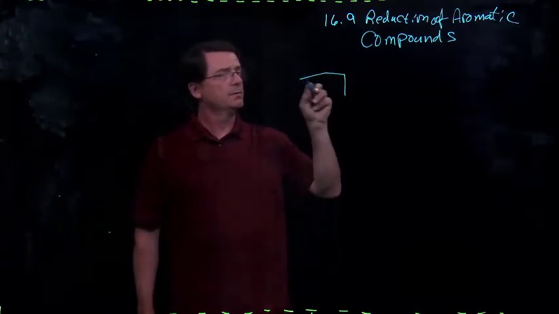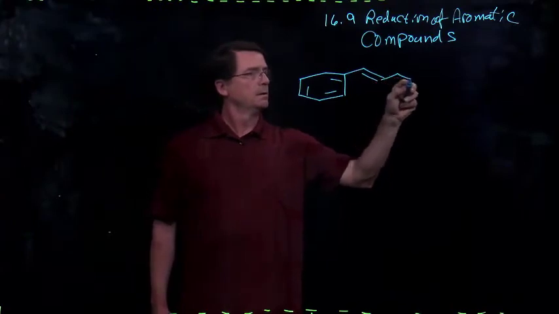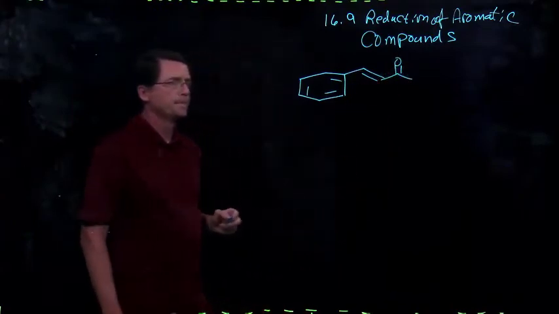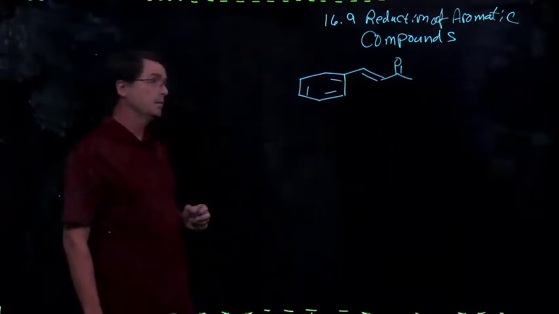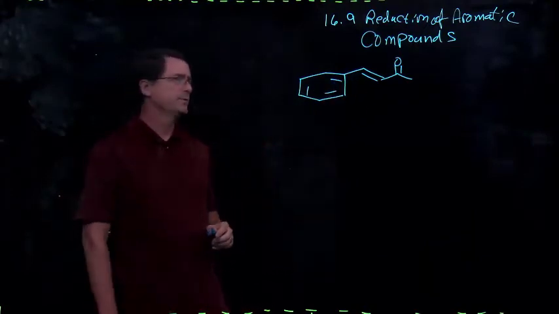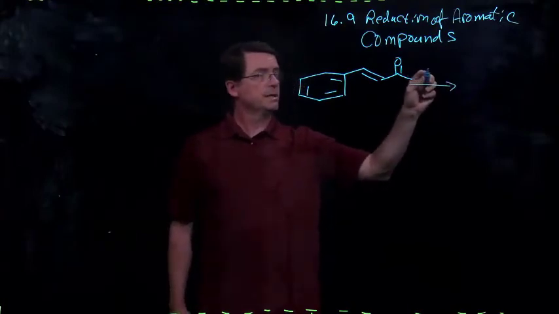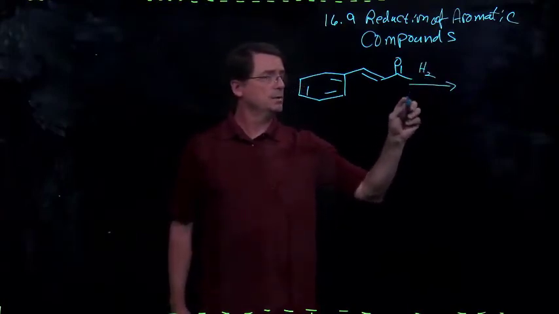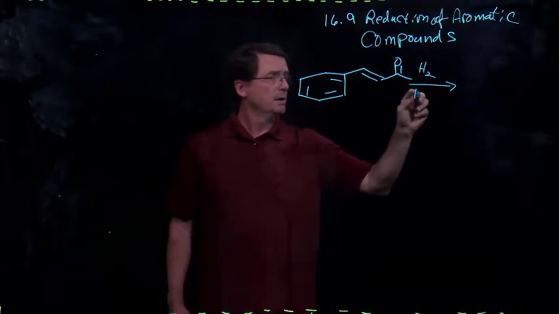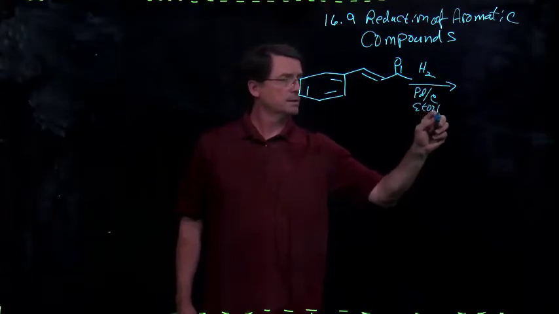If we take this alpha-beta unsaturated carbonyl that has a phenyl group at the para position, if I remember correctly, that's chalcone, under sort of the standard heterogeneous catalyst conditions, which would be H2 at 1 atmosphere, with palladium on carbon and something like ethanol as a solvent.